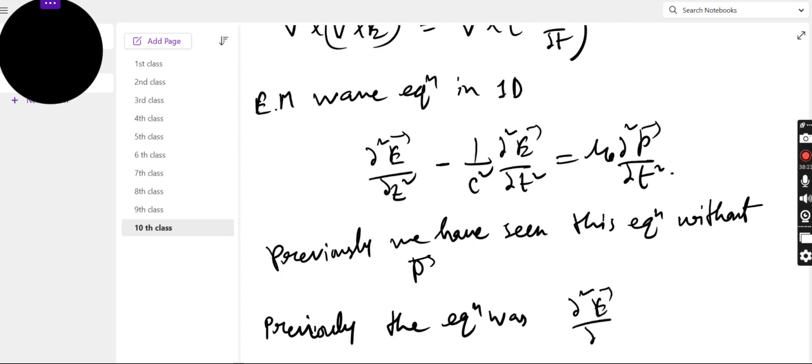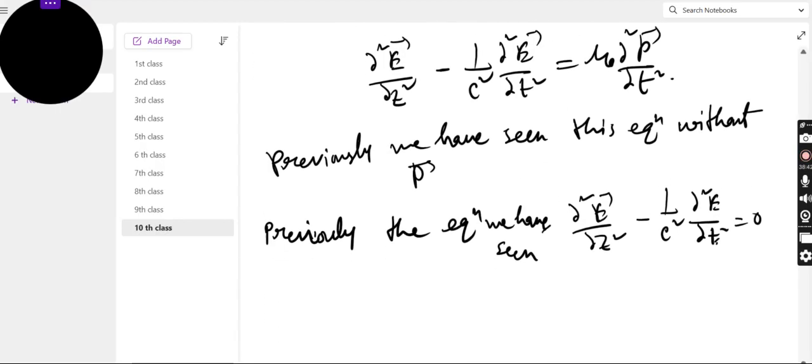Here in the equation we have seen del Z square minus 1 by C square del square E by del T square is equal to 0. That was a homogeneous equation.